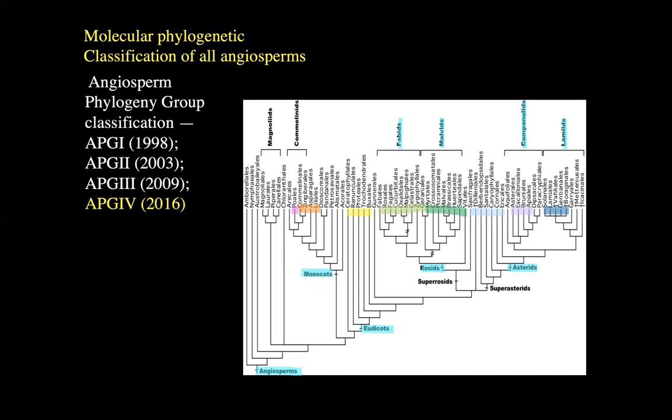So we are now on the fourth iteration of the APG, as it's called. So what you're seeing here is the APG4, which was published in 2016. And I mean, my PhD advisor is involved with this, so I am ancillarily related to all of this.